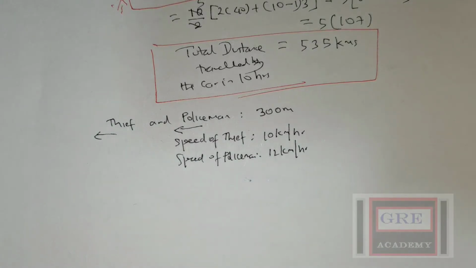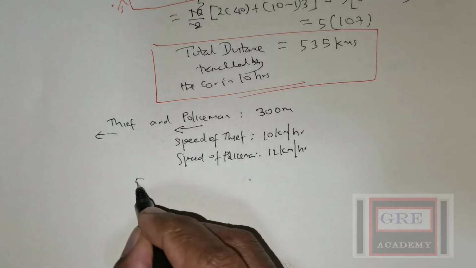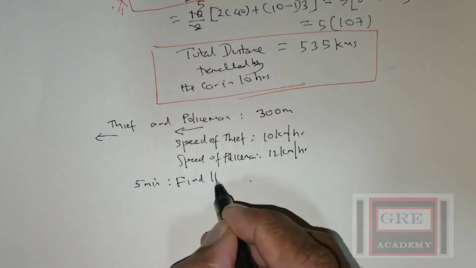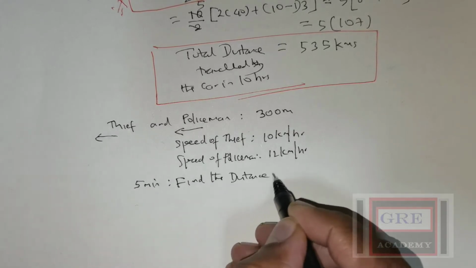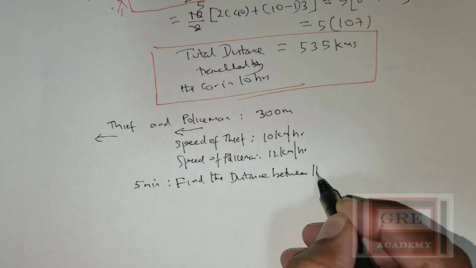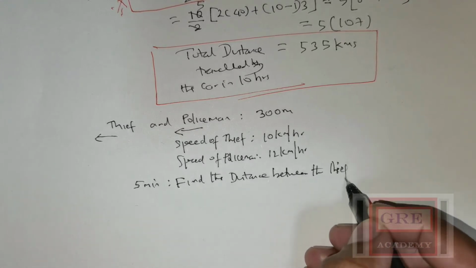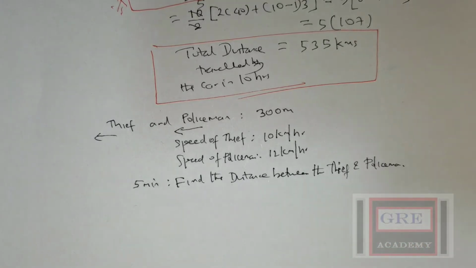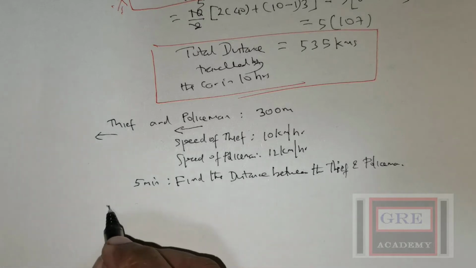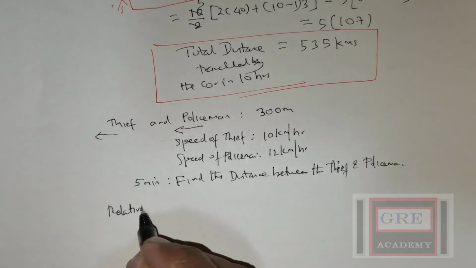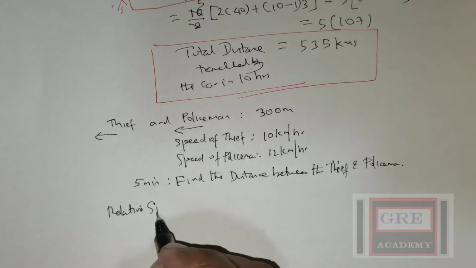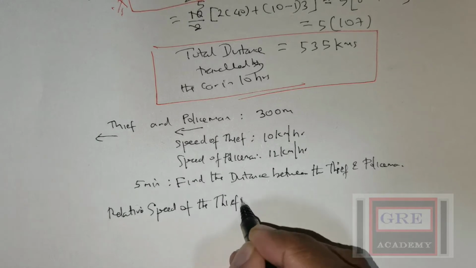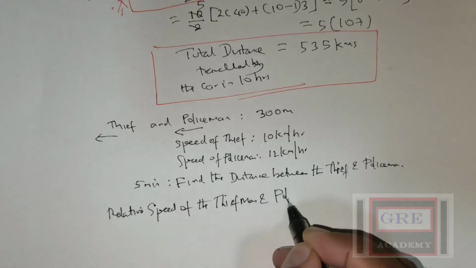Now the question is, after 5 minutes, okay, we are asked to find the distance between the thief and the policeman, right? So to achieve the answer, first and foremost thing what you got to do, you have to find what is called the relative speed of the thief and the policeman.